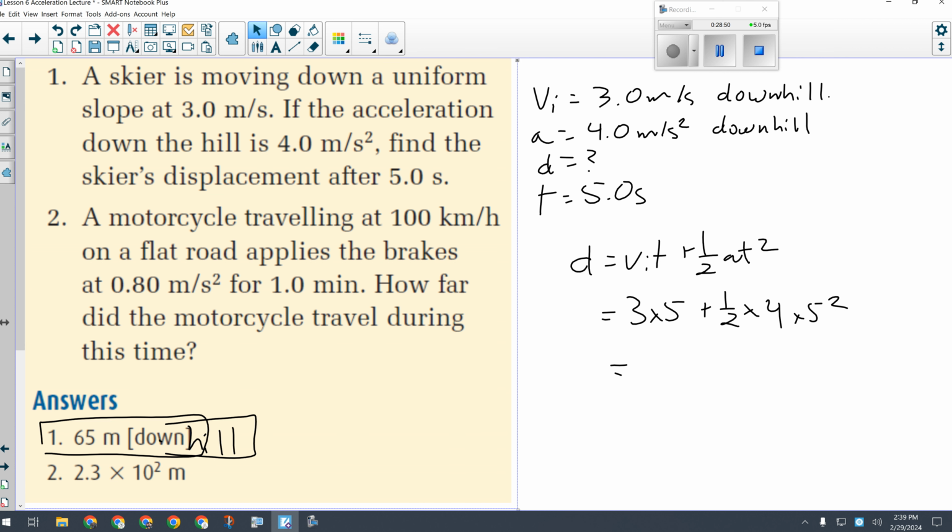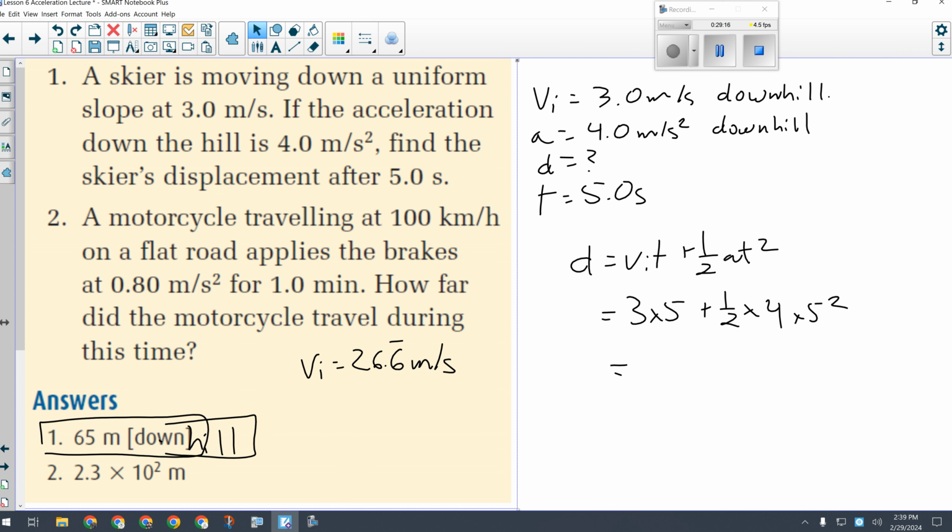Yeah. Okay. So if we're looking at the next one here, motorcycle traveling at 100 kilometers per hour. So we're going to divide that by 3.6. 27.7 repeating? Or is it 26.7? 26.6 repeating. Okay. So VI is 26.6 repeating meters per second. Okay.